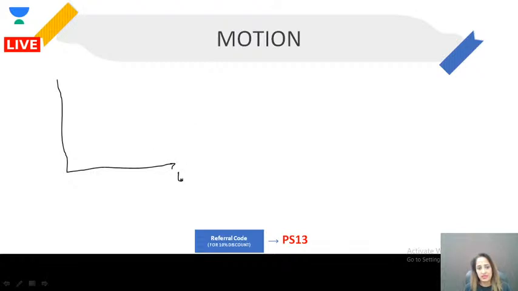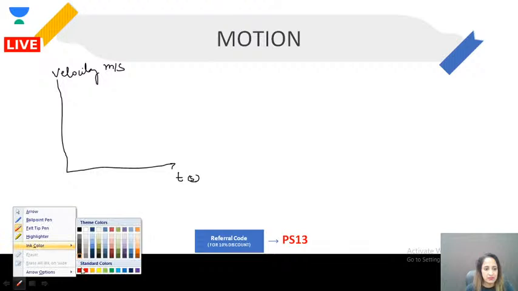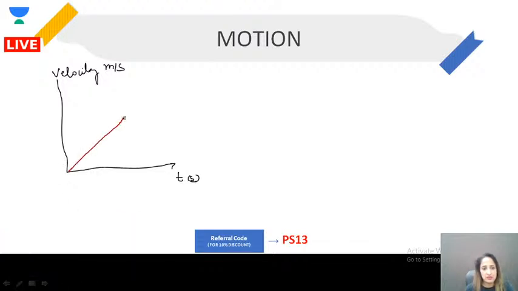On this axis we have time in seconds. On this axis we have velocity, meter per second. We know all the units, right? And let's say this object is moving with the uniform velocity, and I will give it some other color. Let's say this object is moving with the uniform, not non-uniform velocity. Okay, it has some kind of acceleration.